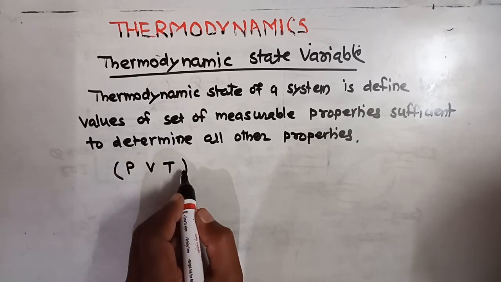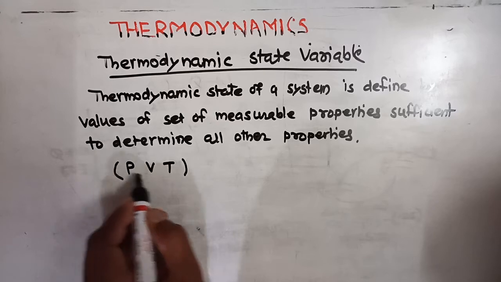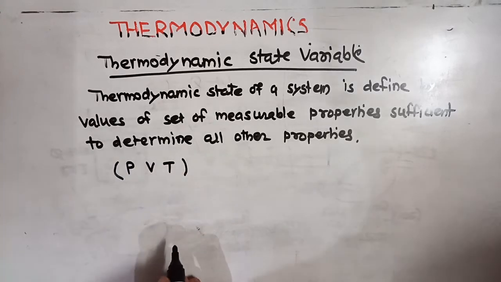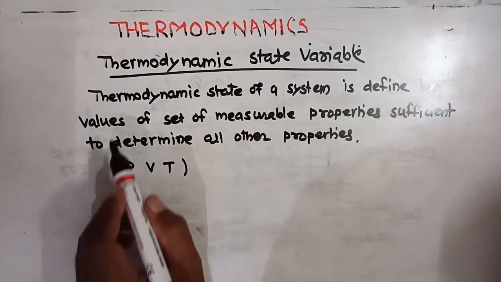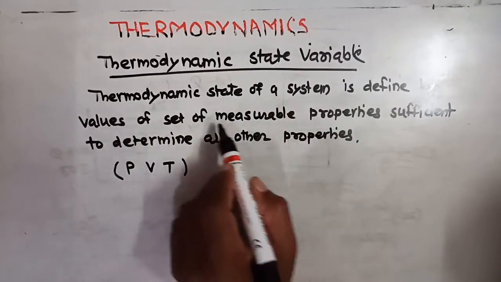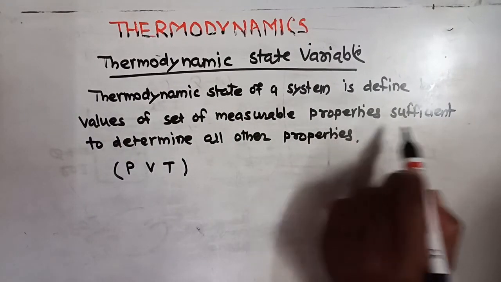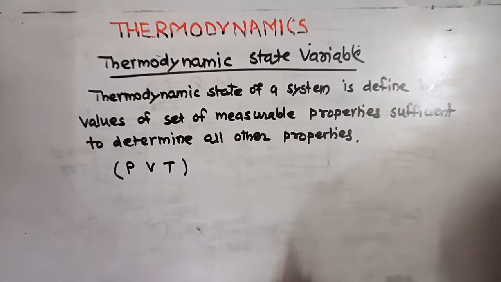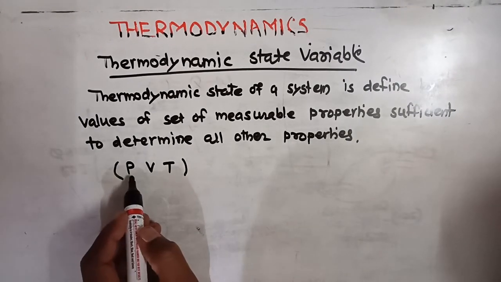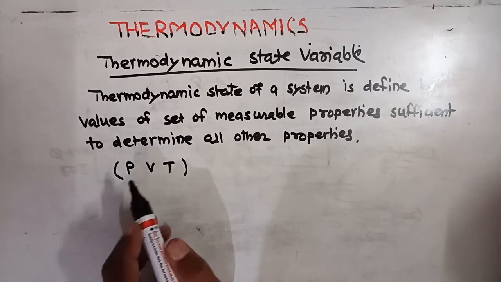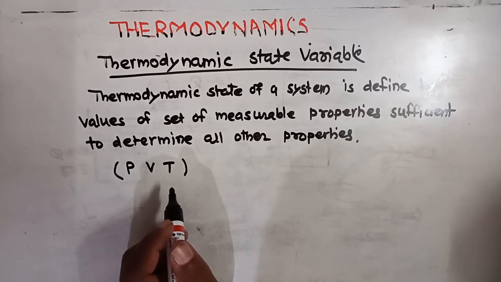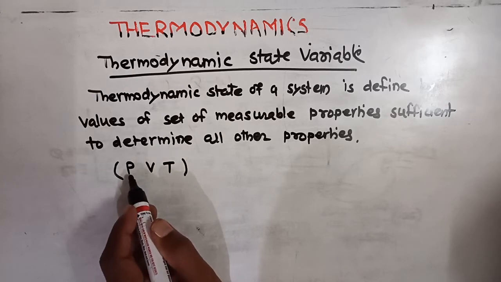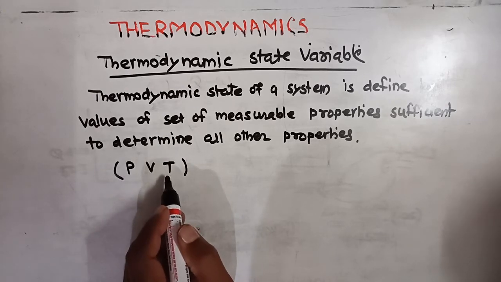These are the measurable properties, and this is the set. These three quantities are sufficient to determine all other quantities. The remaining quantities can be determined by knowing these three.